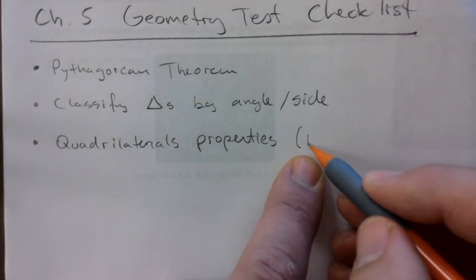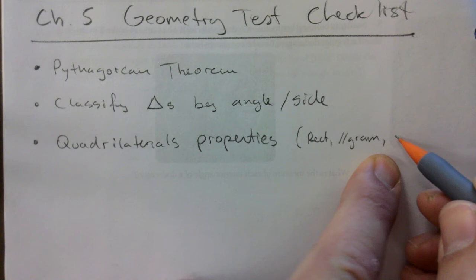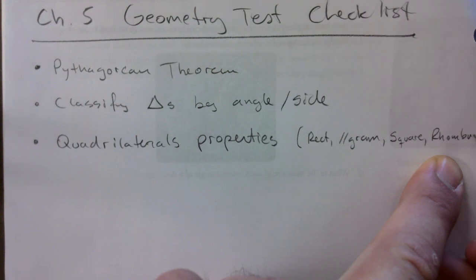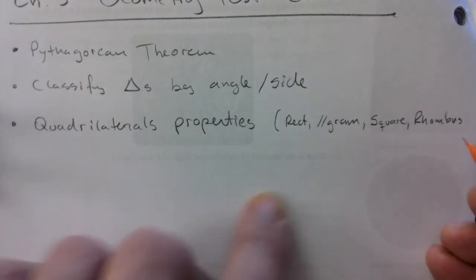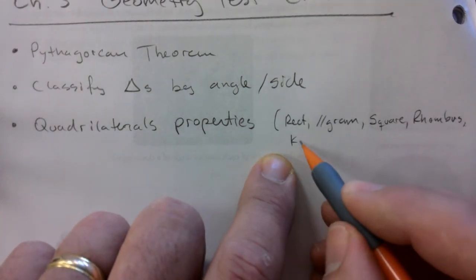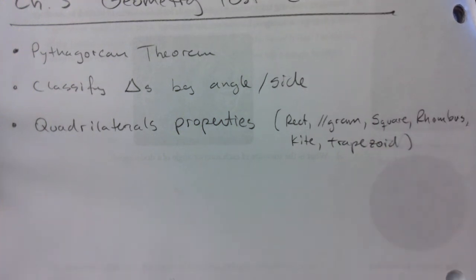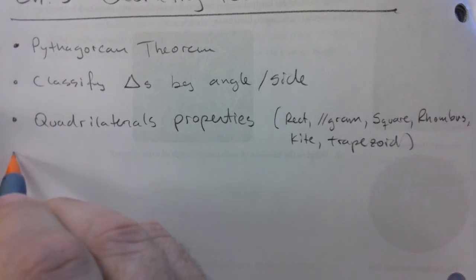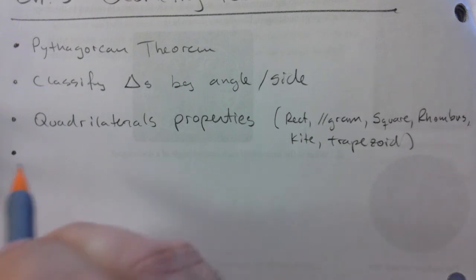You have your rectangle, parallelogram, square, rhombus, kite, and trapezoid. Right? You should have a section on your study sheet where you have at least the diagrams, if not written properties. Like, it's up to you. But remember to build. Don't use up half a page or more, right? Like, you want to build your study sheet.